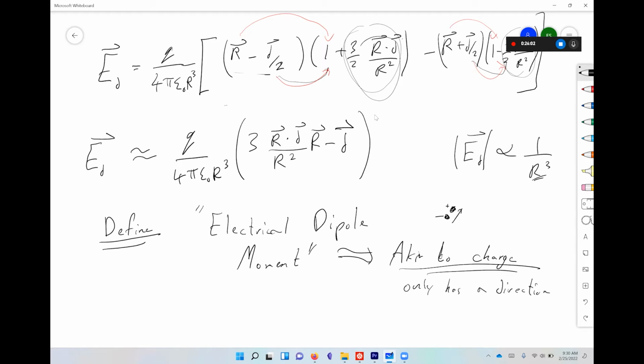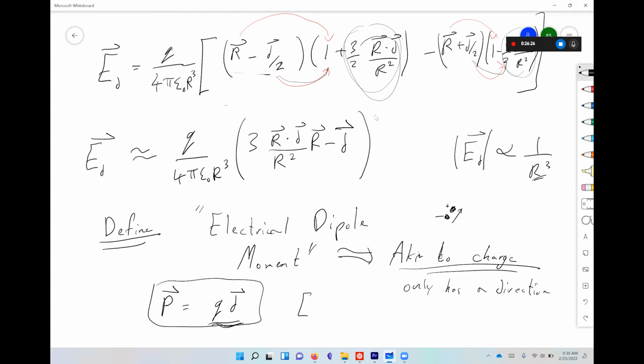So we define the electrical dipole moment as a vector source that is just the D, the directional vector, times Q. And the reason we want to do that is we don't want to base our equation on D. We want to base it on something that we define as a vector source of the electrical field. We call it P. What are the units of P?